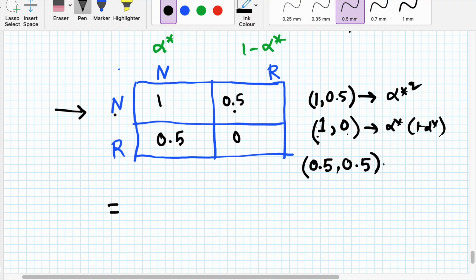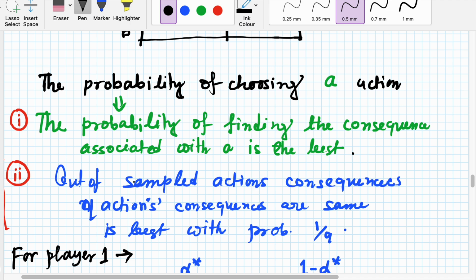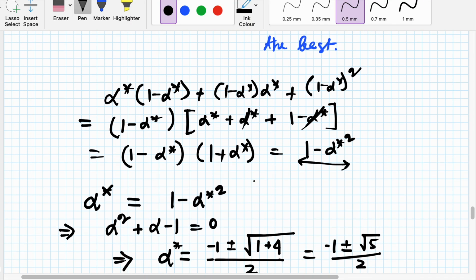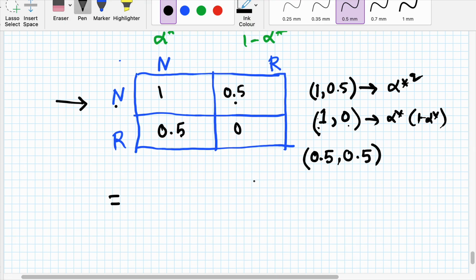Now how does she decide whether the action is best or not? As we have discussed, if q actions' consequences are the same, then with 1 by q probability she will find that the action is best. So here, since both consequences are the same, she will find with probability half that the consequence associated with n is best.